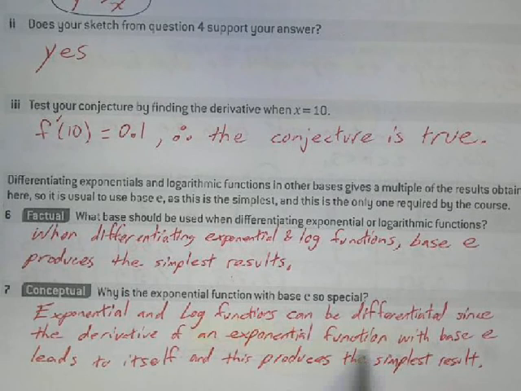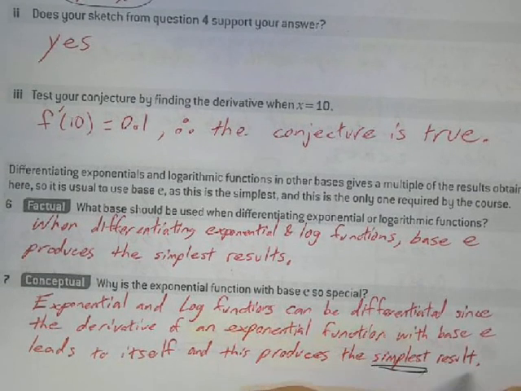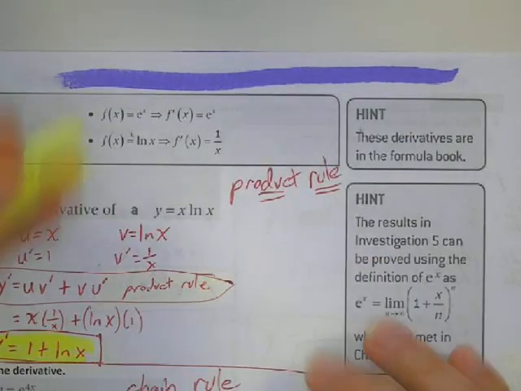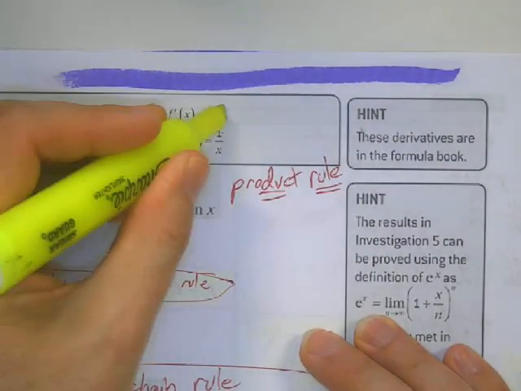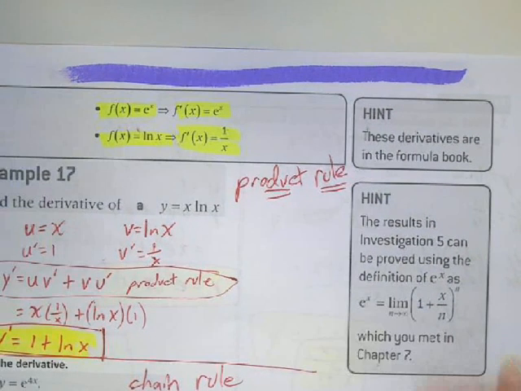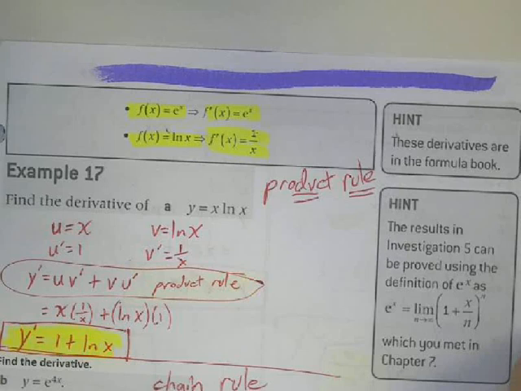The derivative of an exponential function with base e leads to itself, and this produces the simplest answer. So it's special because it provides the simplest answer. Okay? So, hence these formulas that we use on our formula packet. Okay, so I'm just going to walk you through these.